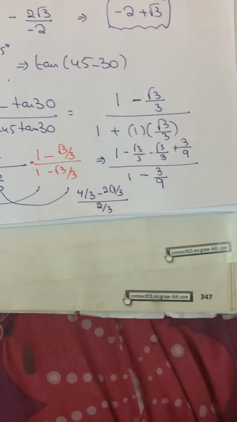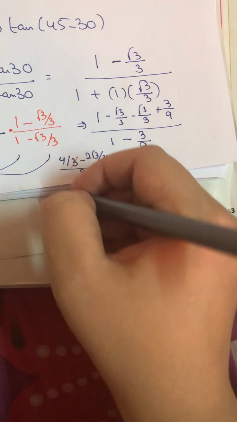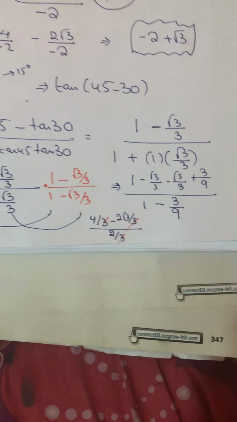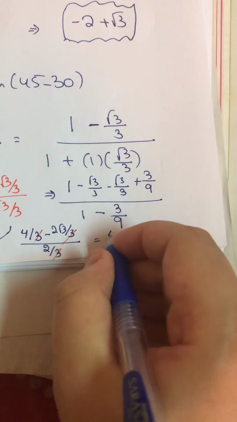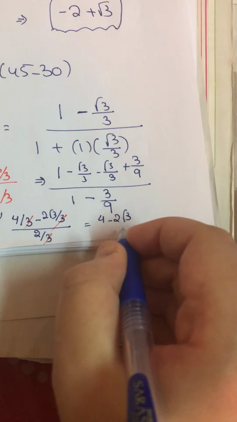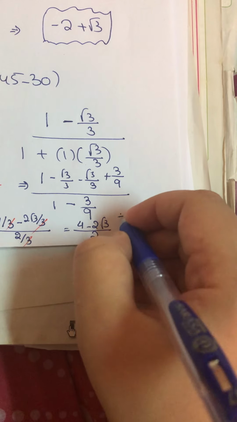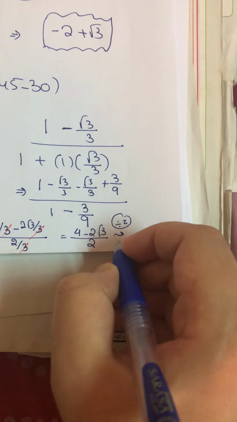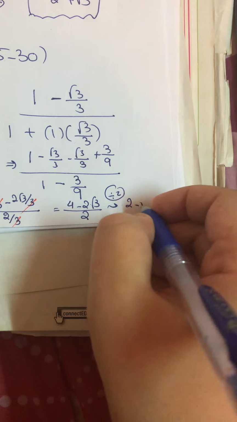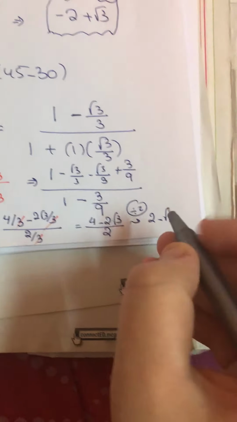Divide everybody by 3, or this cancels this because they're all divided by 3. You will get 4 minus 2 root of 3 over 2. Divide everybody by 2. You will get 2 minus root of 3.